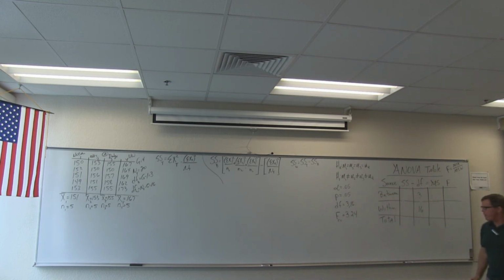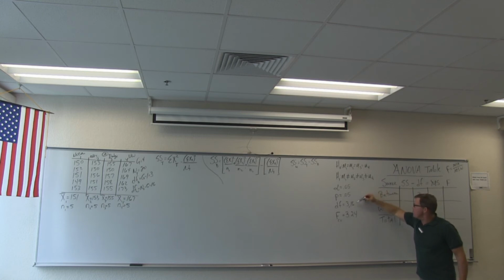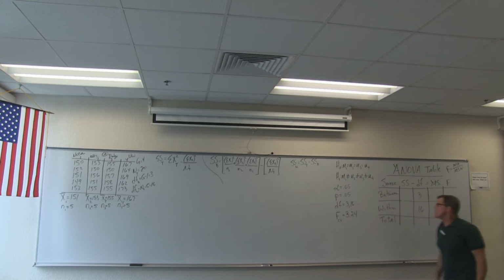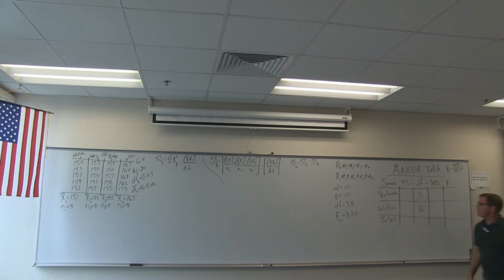We know that if F exceeds this critical value, we have enough evidence to reject the null. And this is also telling us that in this F sampling distribution with 3 and 16 degrees of freedom, about 5% of the area under it falls to the right of this number. About 95% of the area falls to the left of that number.